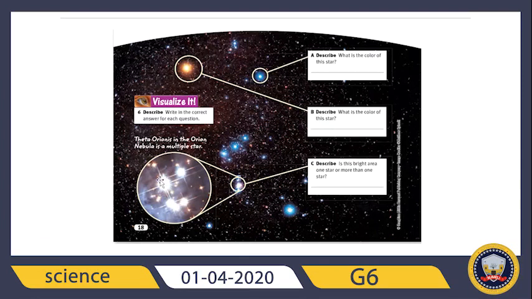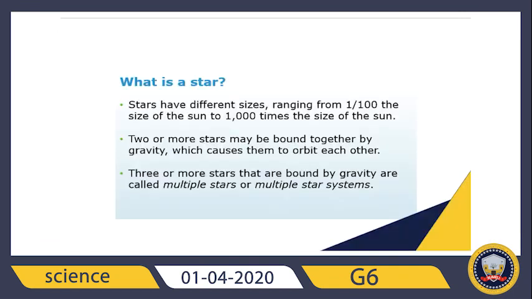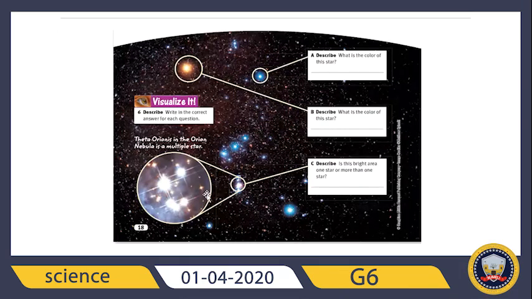Why? Because they are bonded to each other by gravity. Three or more stars that are bound by gravity are called multiple stars or multiple star systems. They will start orbiting each other.